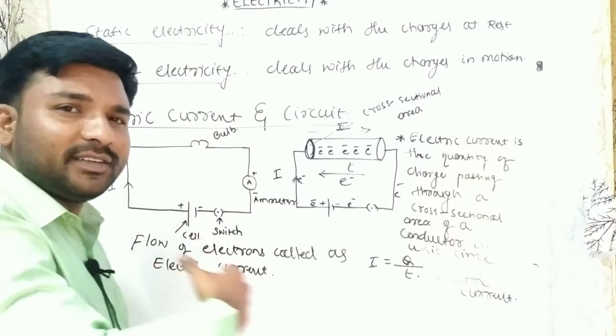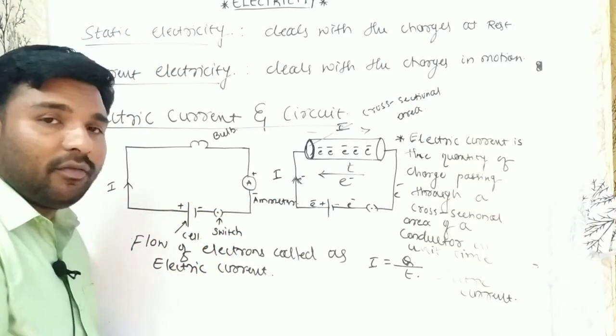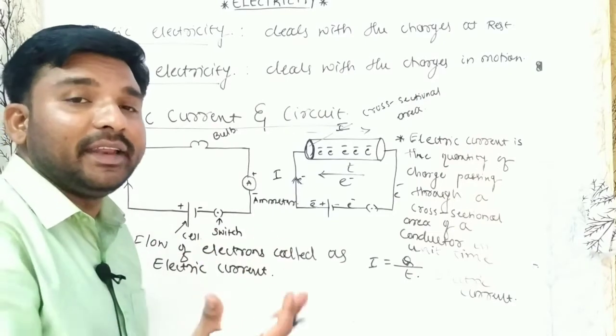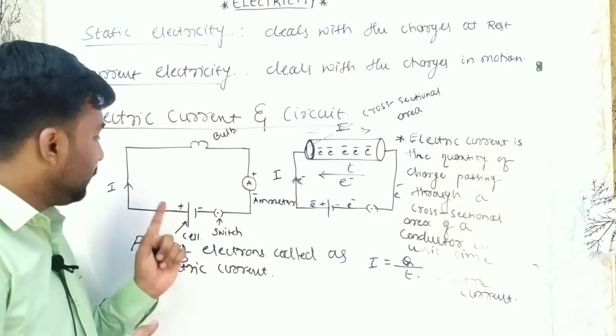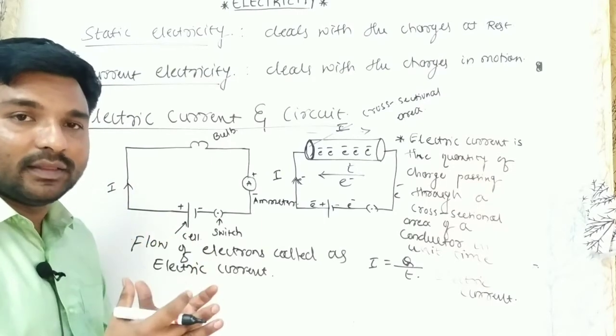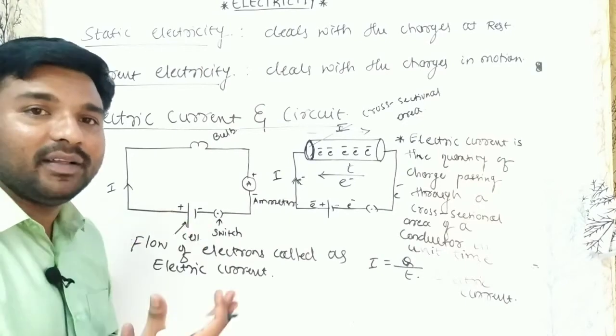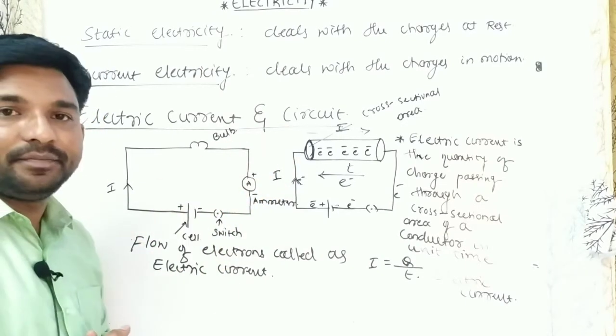If the switch is off, there is no continuous flow of charges. So this wire provides a path for the continuous flow of charges. That path is called a circuit.